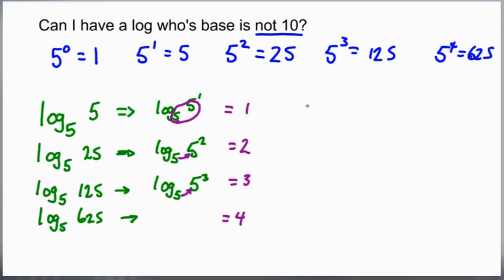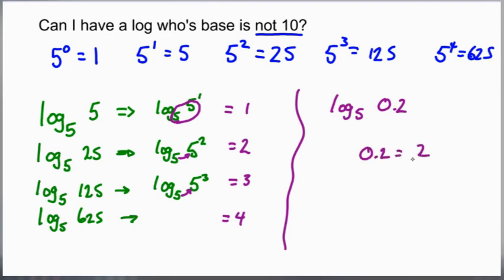Keep in mind that we also can do some negative answers. So what is the log base 5 of 0.2? Now the 5 here gives me a hint. I know that 0.2 is the same as 2/10, and 2/10 is the same as 1/5.